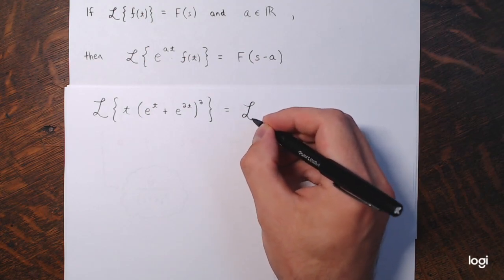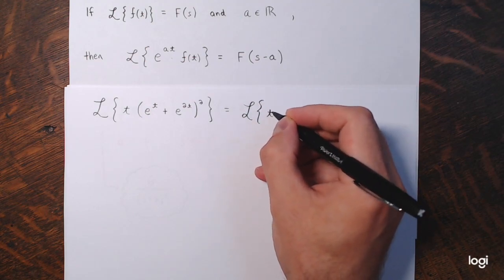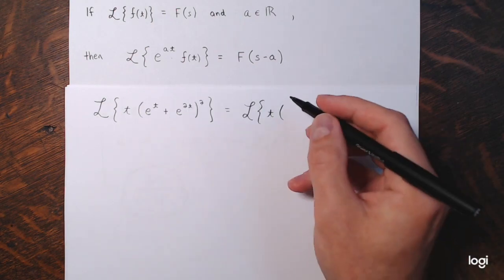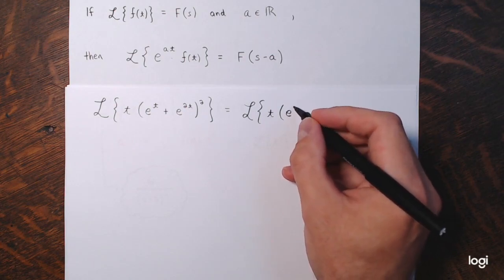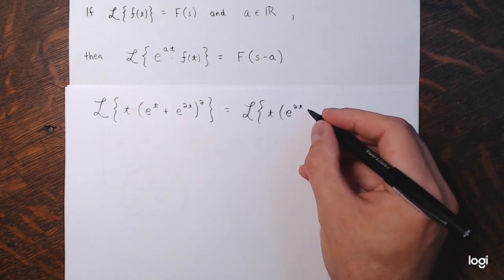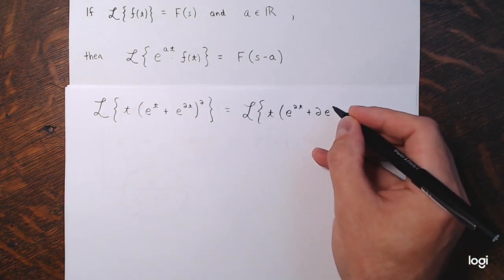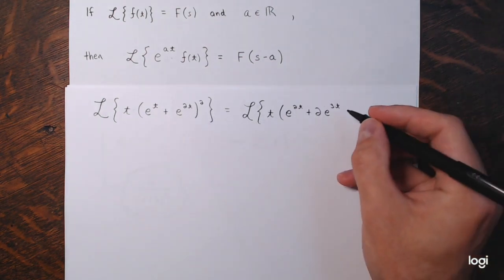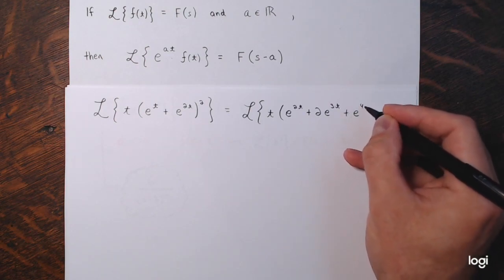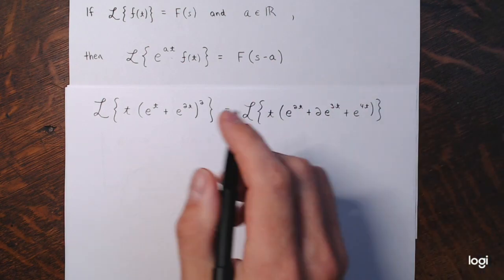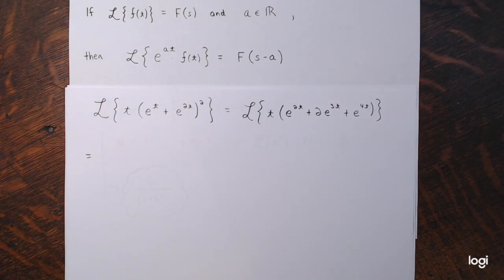So this is the Laplace transform of t times, and then squaring this, I'd have e to the t squared, or e to the 2t. And then you have e to the 3t, but twice, right? So plus 2 e to the 3t, and then e to the 2t times e to the 2t, e to the 4t. And then I'll distribute the t, and then again use the fact that Laplace transform is a linear transformation.